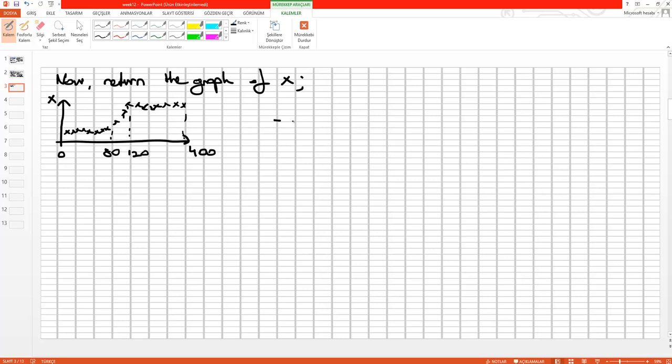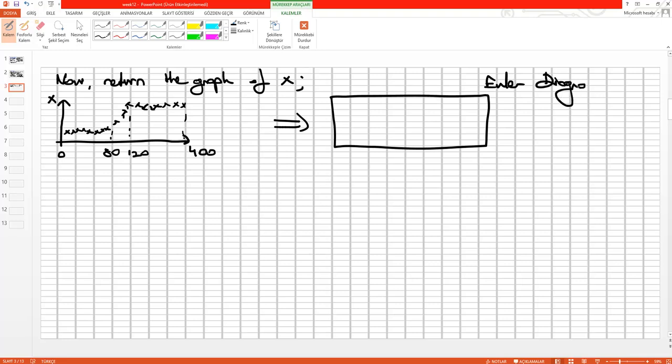Okay, and so how can I convert these terms into the Euler diagrams? In Euler diagrams, we should say that the whole representation, the whole probability, is conditioned with the X, and so this rectangle represents the X probability.